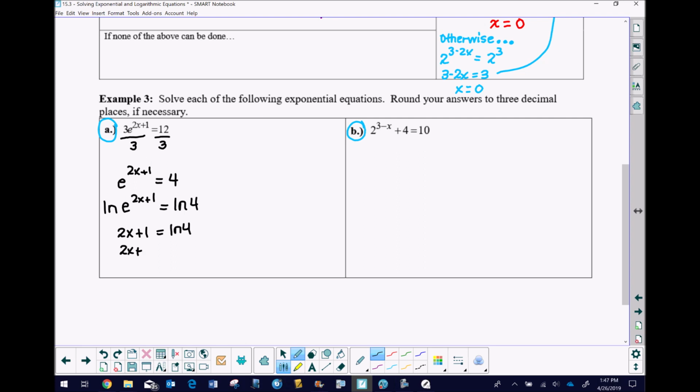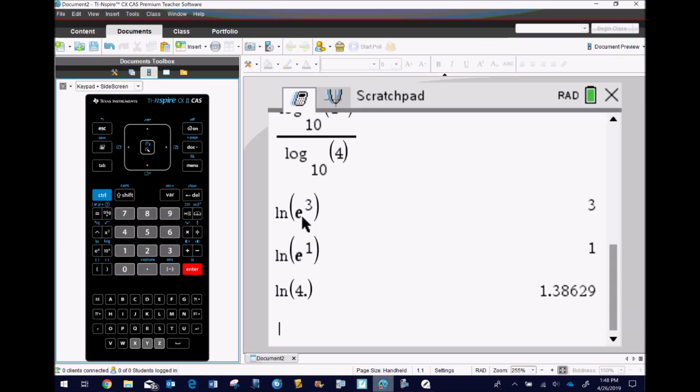So then 2x plus 1 is equivalent to 1.386. And now we've got a very easy equation to solve. We're going to subtract 1 over, and then 2x would equal 0.386. And then, just about out of room here, one last step, we're going to divide by 2. Since we've already used the calculator to do some dividing, I don't see any reason why we should stop.